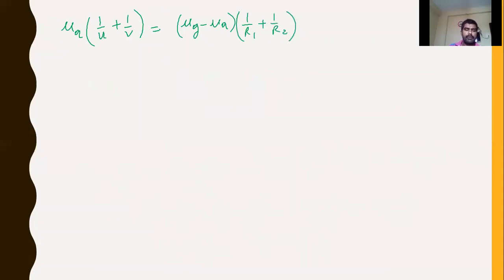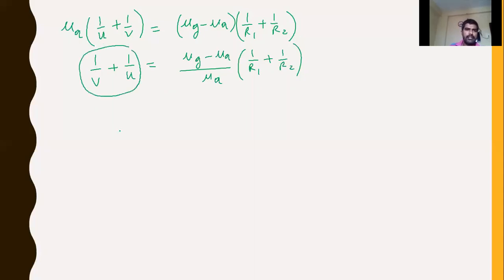Now taking this mu a to the other side, 1 by v plus 1 by u is equal to mu g minus mu a divided by mu a into 1 by r1 plus 1 by r2. Now as we know, this is equal to minus 1 by f is equal to mu g divided by mu a minus 1 into 1 by r1 plus 1 by r2.